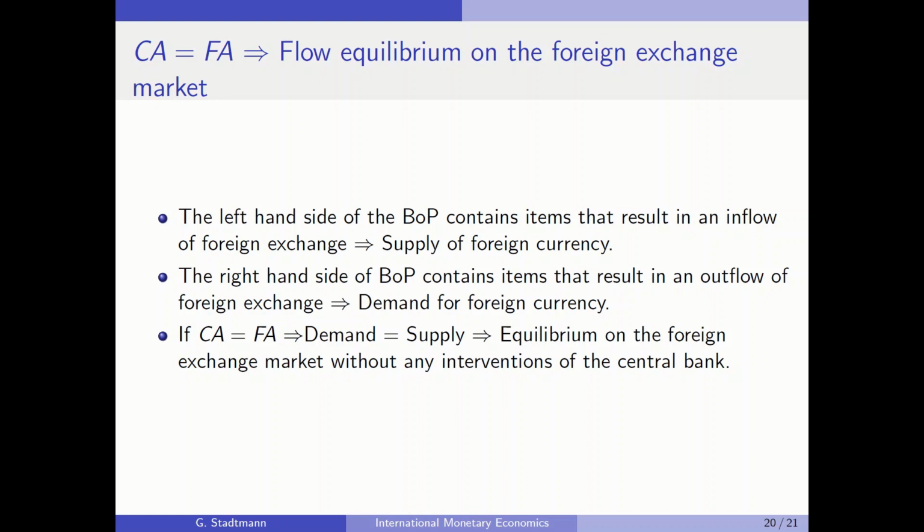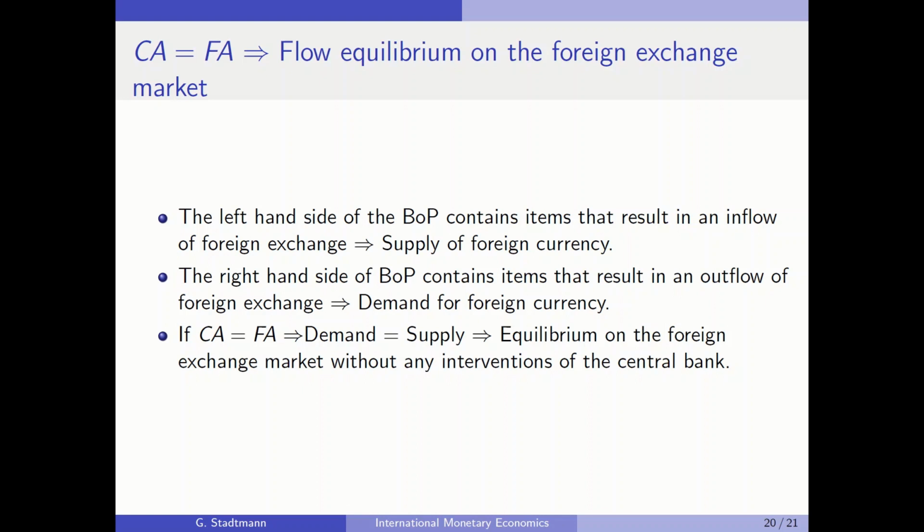And in case the current account balance is equal to the financial account balance, then the demand on the foreign exchange market is equal to the supply on the foreign exchange market without any interventions of the central bank. And when demand is equal to supply, the foreign exchange market is in an equilibrium, the exchange rate does not change, and therefore exports and imports are not influenced by a change in the exchange rate.